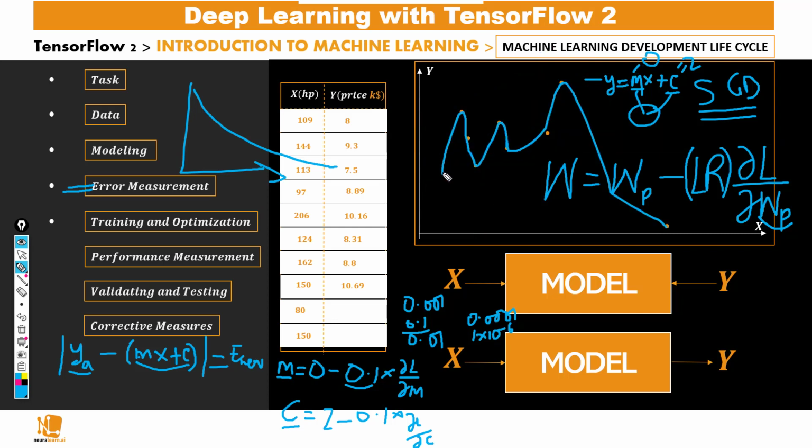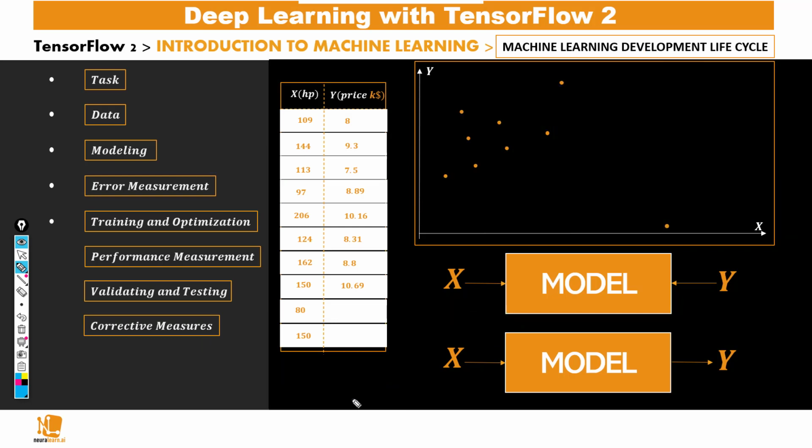If we were able to build the kind of model that does, then we would have a loss of 0, since for each and every point the actual output is the same as our predicted output. But with a straight line, that's not possible.